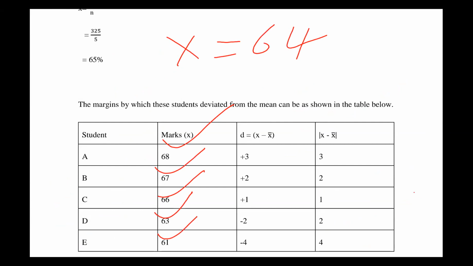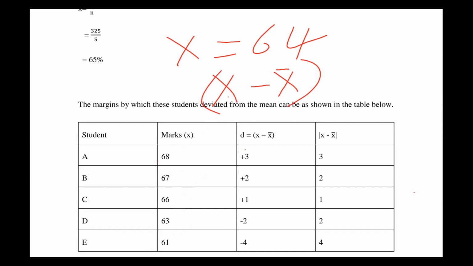If you want to get the deviations, you take the individual score minus the mean. That difference is what gives us the deviation.